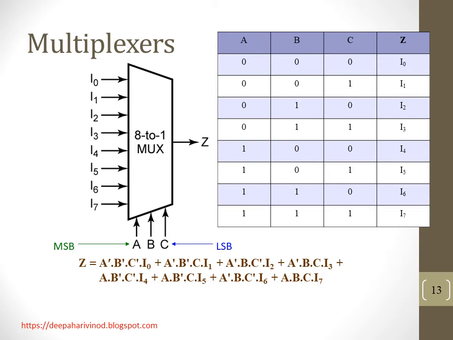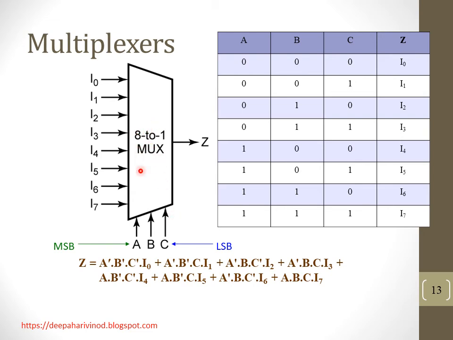It is an 8:1 multiplexer where we have the input lines I0 to I7, many input lines and only one output. 8 to 1 means this is the output and these are the inputs.